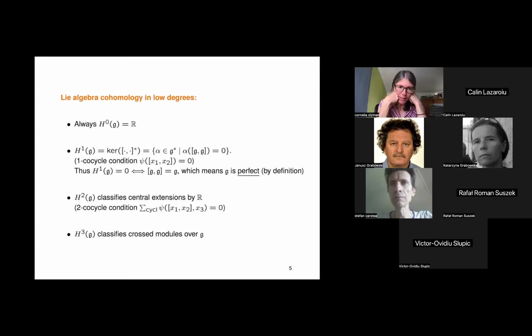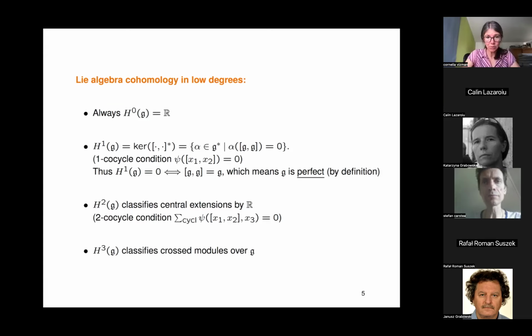H2 of g classifies central extensions by R, and if we take it with values in a g-module, then it classifies also more general extensions. So we will see, the next slide is about this. And H3 of g classifies crossed modules over g, but this is not in my talk.